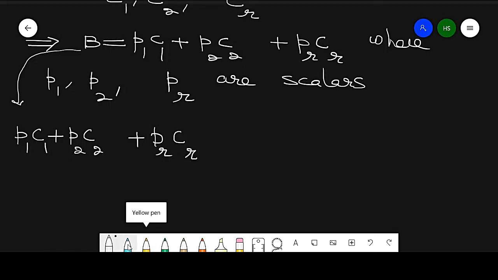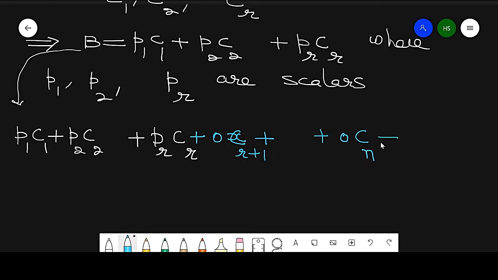Now next, plus 0 into CR plus 1, plus 0 into CR plus 2, plus 0 into Cn, and this is equal to the B matrix. So this can be written in this form.